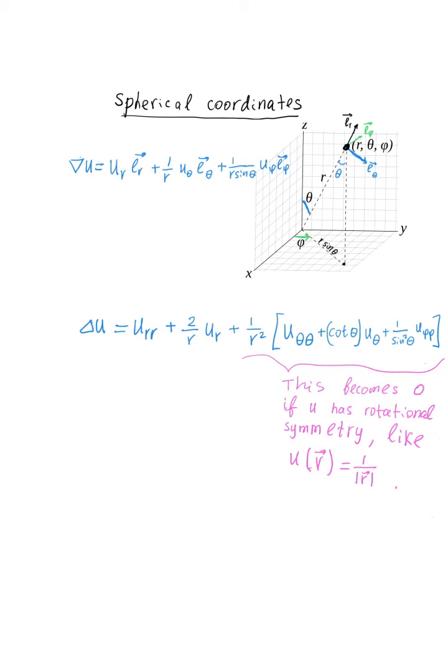Then we have the familiar term u_r over r, except that it's multiplied by 2 this time. But we also have a couple of extra terms. For the complete derivation, this part is well written in Strauss.